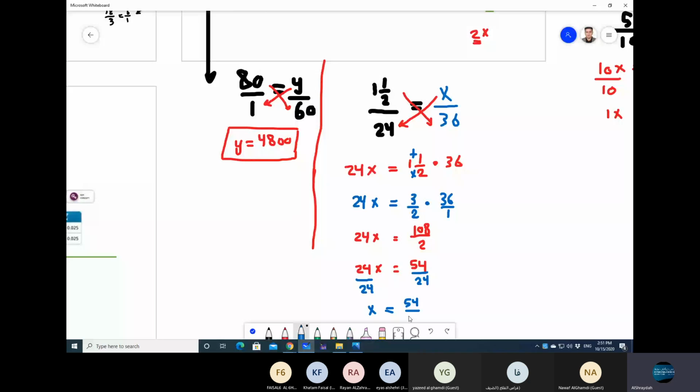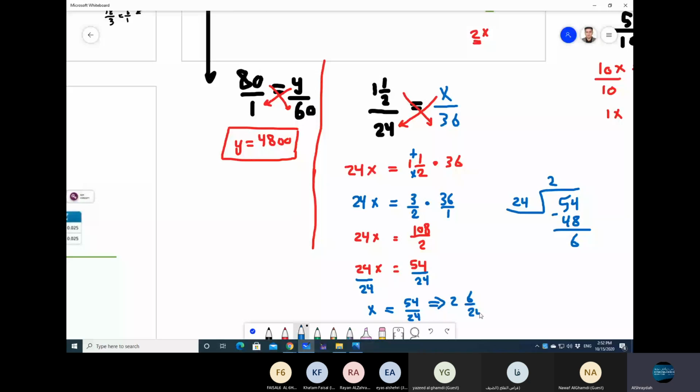So it's an improper fraction. To simplify it or to write the equivalent mixed number for this fraction, try to use division. Here you have 2, 48, subtract, 6, so it is equal to 2 and 6 over 24.